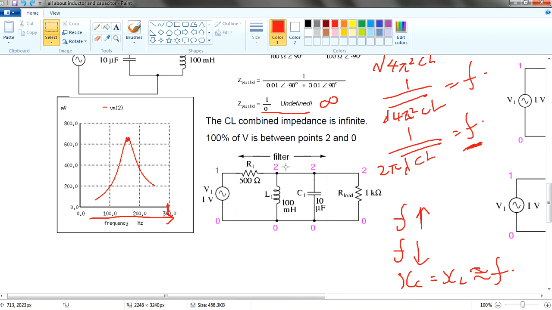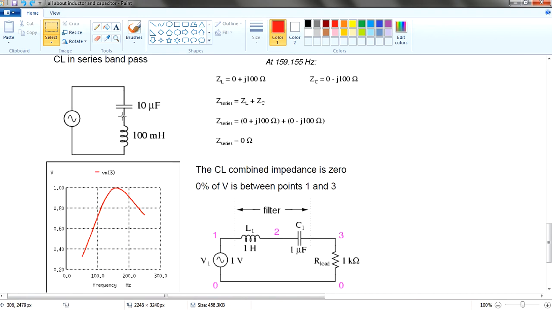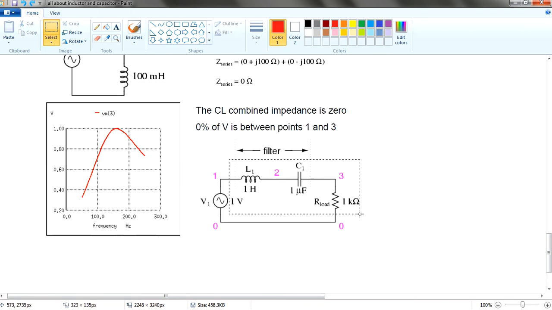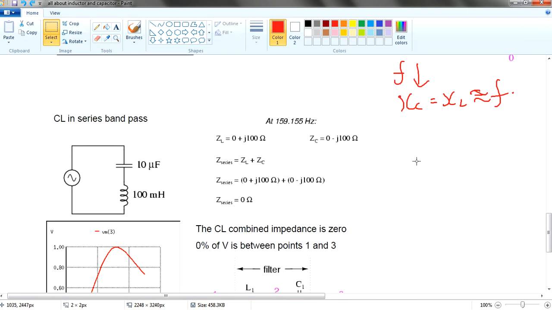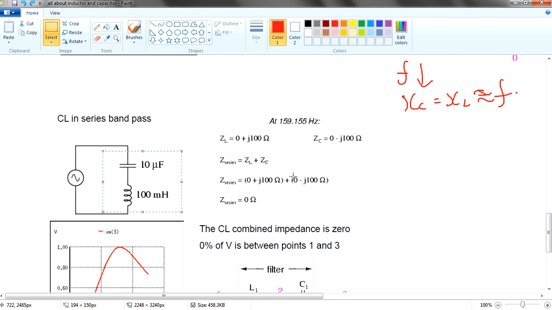Now this is only the second configuration. The third configuration is when you put the capacitor and the inductor in series with the R load. You'll get this over here. In this case it's a little different. The calculation-wise is the same: 0 plus j100 ohm and minus j100 ohm.